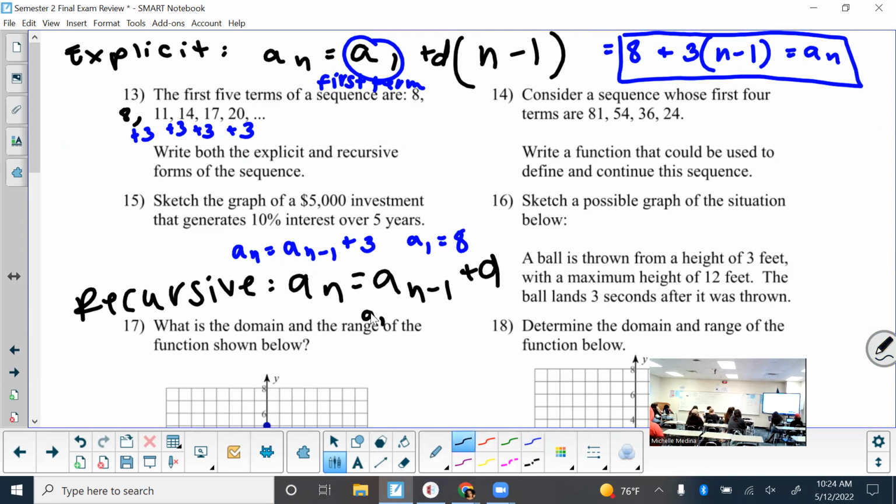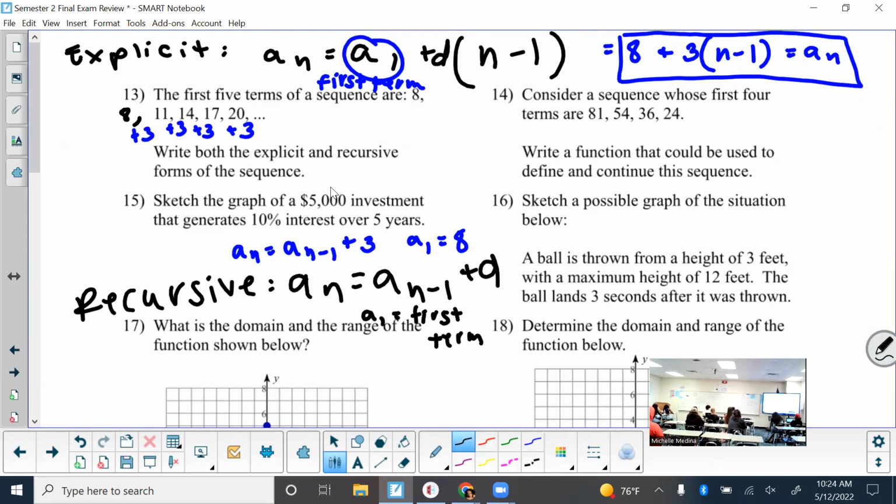But yeah, that's it. That one just asks for the rule. And all the differences between them, recursive is basically saying if you take the previous term and add 3 to it, you get the next term. That's literally all it's saying.